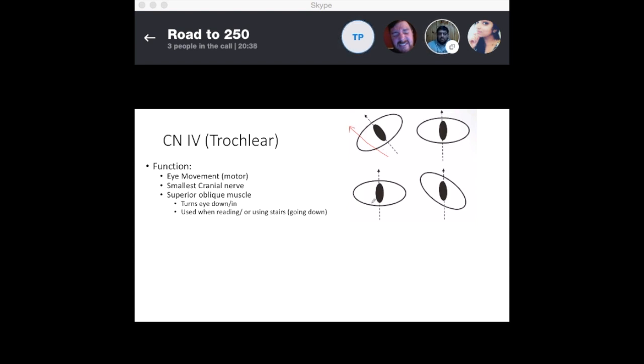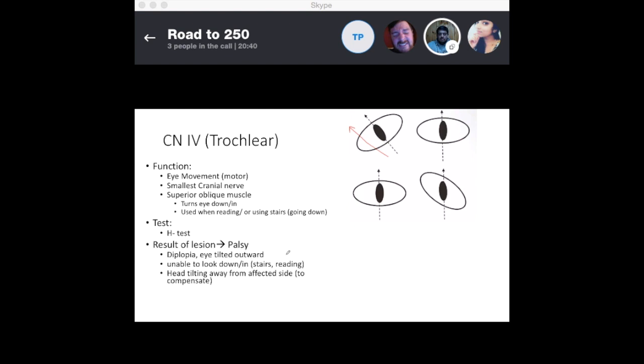So what they're going to have is diplopia, and their eye starts to tilt outwards, as you can see in this picture, and they're unable to look down or in when reading or going down the stairs. As a compensating mechanism, they'll start to tilt their head away from the affected side.